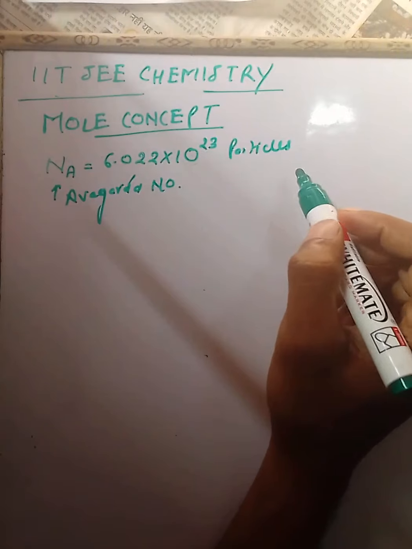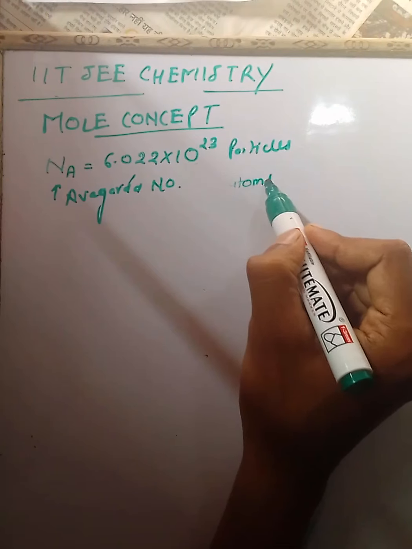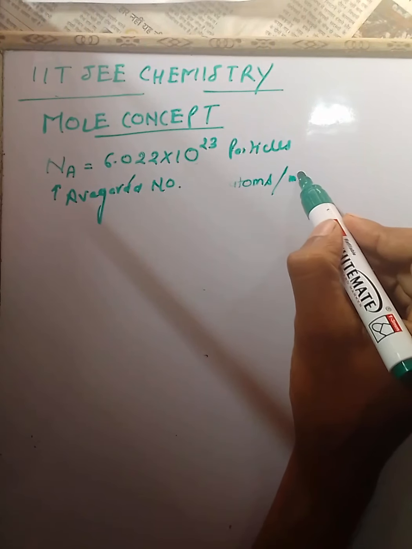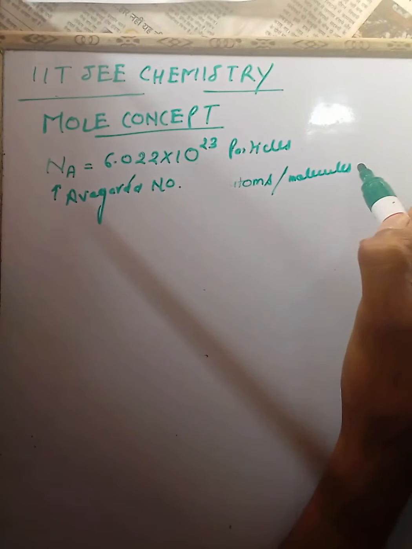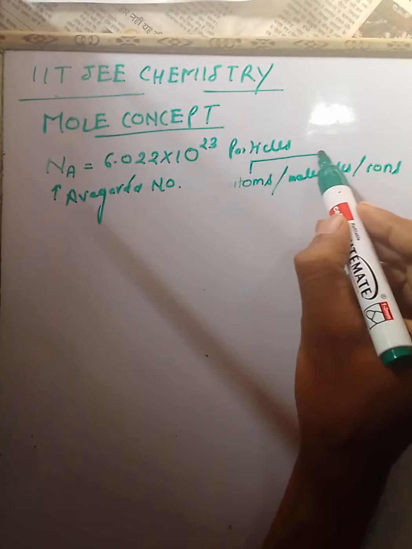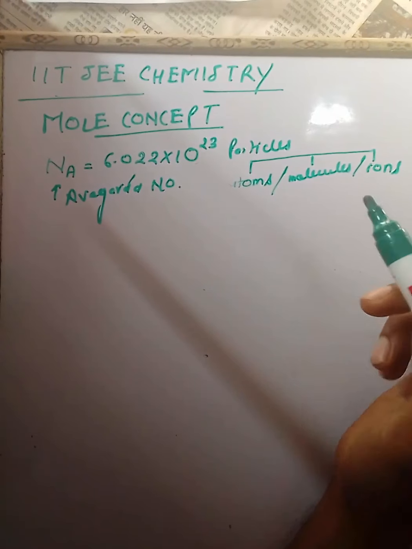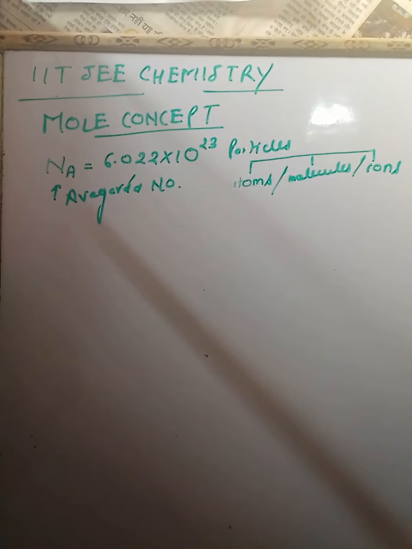This particle can be either an atom, or it can be a molecule, and it can be an ion. Okay. And if you want to calculate the moles of any element, then we can calculate it if we have the mass of that element, or the number of particles, or the volume.